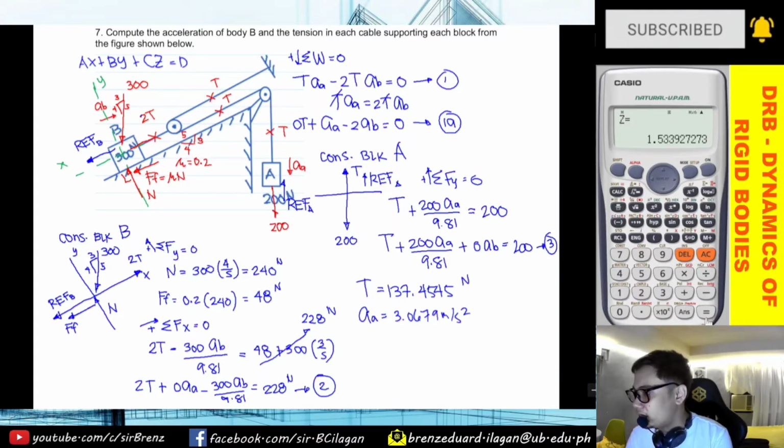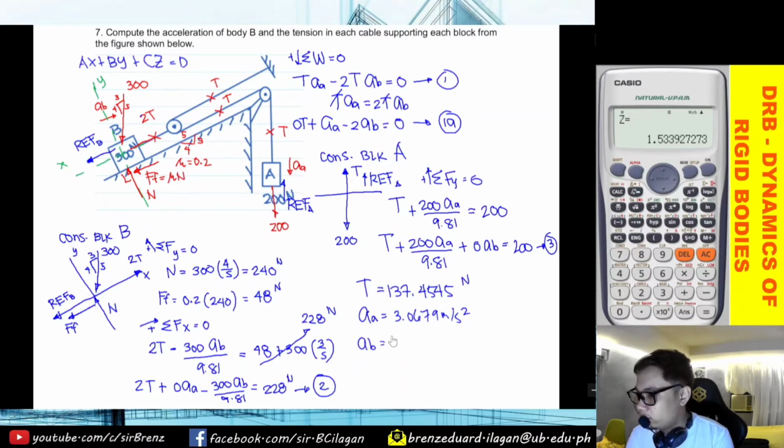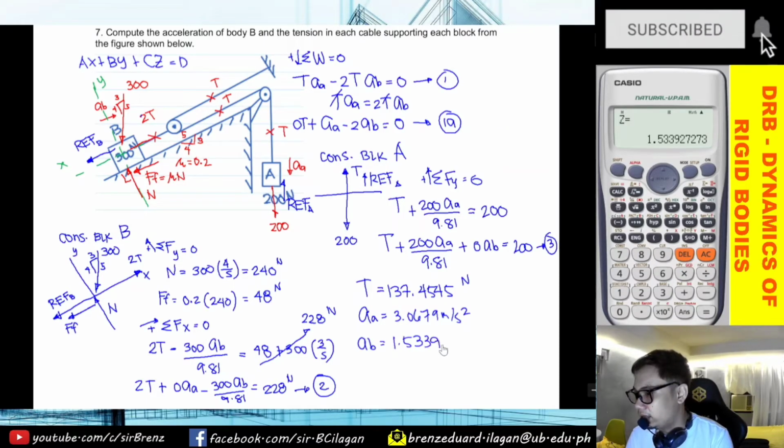And then for the acceleration for B, so that is 1.5339. Ayan. So guys, kung napansin nyo, wala naman nag-negative answer.